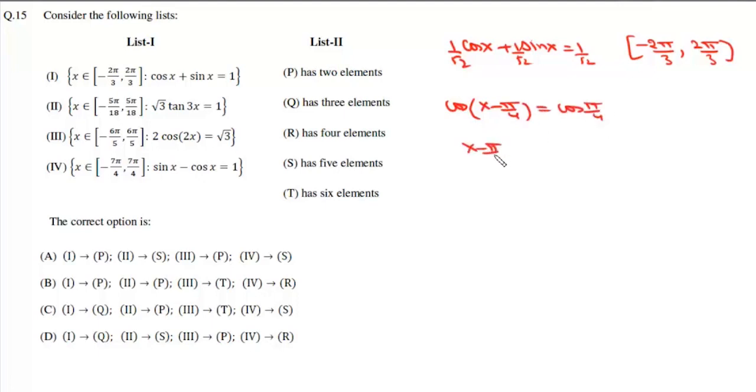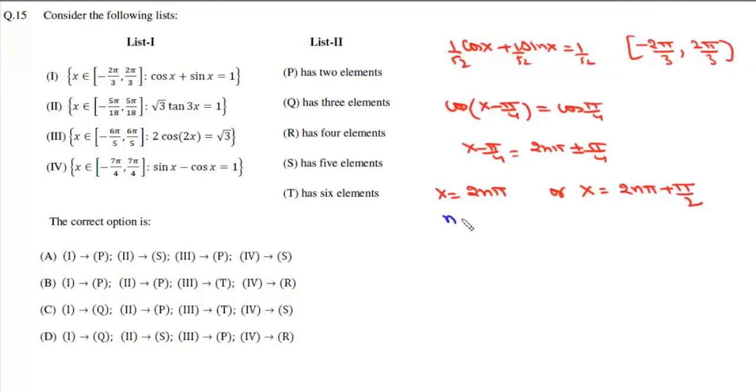So we'll get x minus pi by 4 equals 2n pi plus or minus pi by 4. We'll get two cases, either x equals 2n pi or x equals 2n pi plus pi by 2. Now we need to find values of x which lie in this interval.